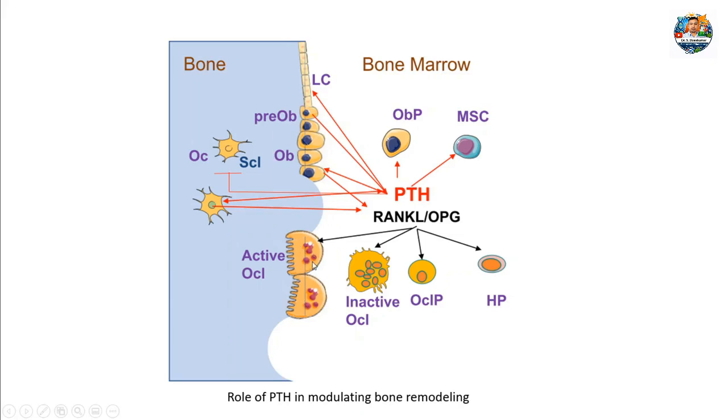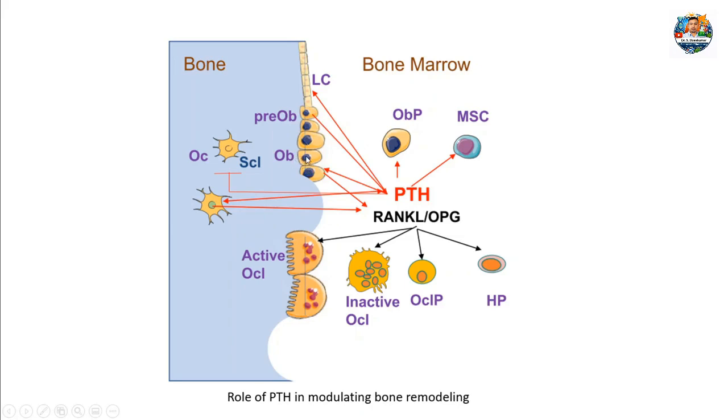Now, the production of these active osteoclasts is because of the action of parathyroid hormone on the osteoblast cells.